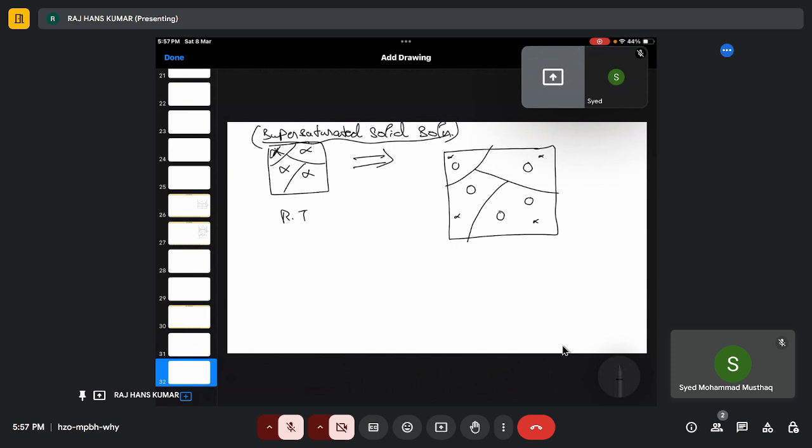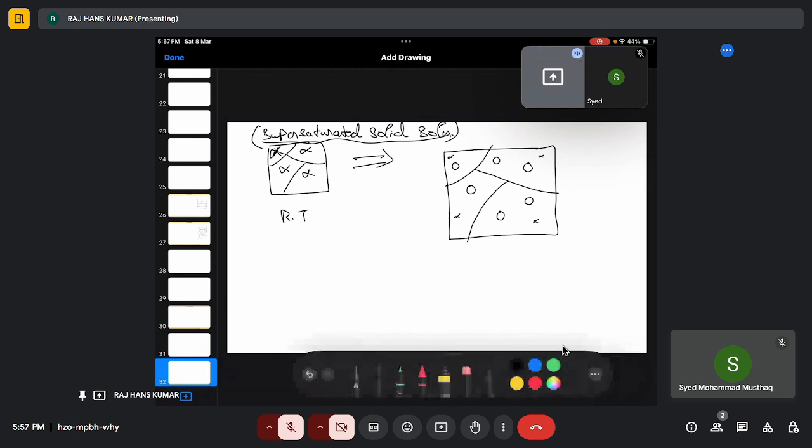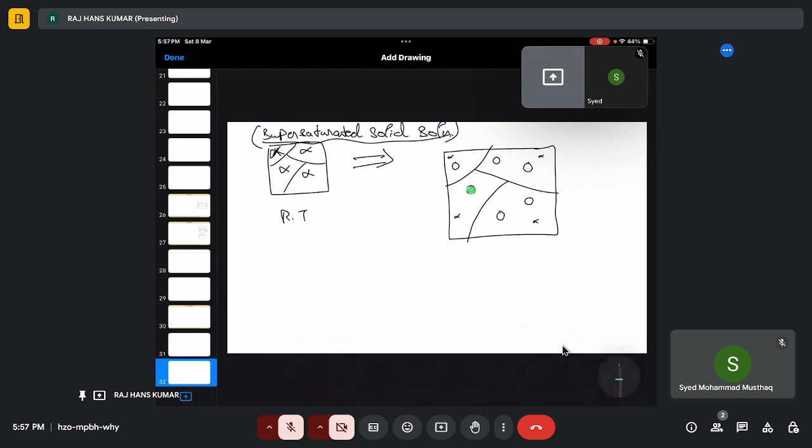Why? Because of supersaturation, right? It has reached the solubility limit, and these are beta phases. Right. So these are my beta phases.